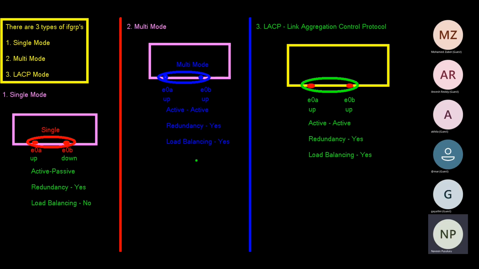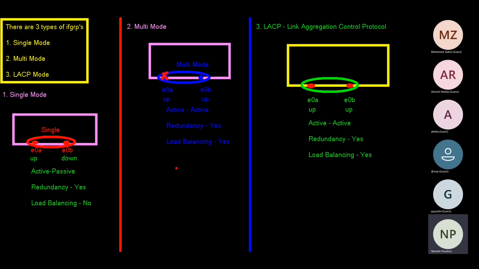There is a minute difference between LACP and multi-mode. In multi-mode, if one port fails, it will not be able to identify that on its own. For example, let's assume that e0a went down due to some issue.